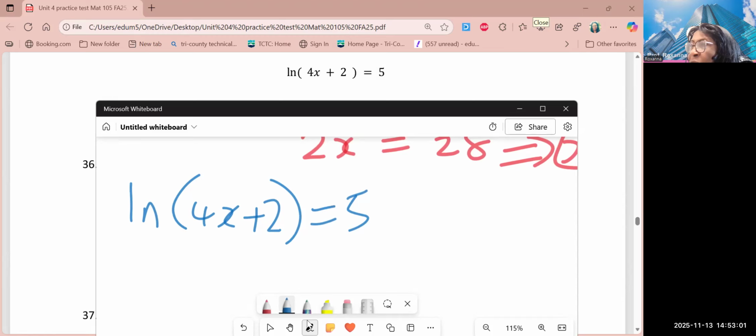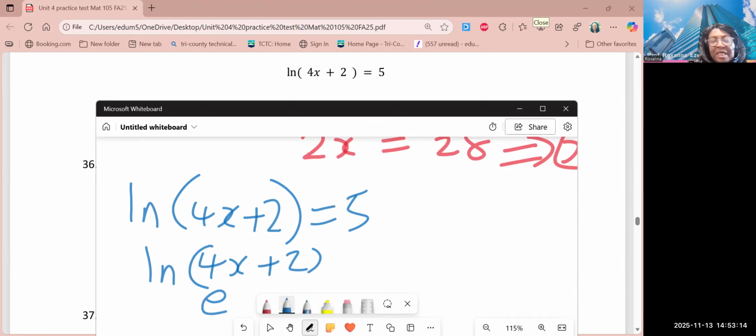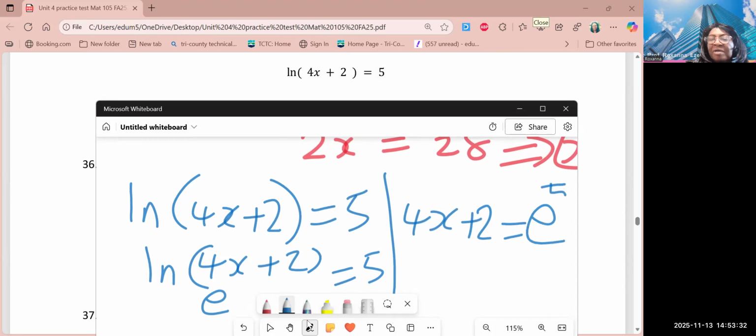So I want to change the base. I can write natural log of 4x plus 2, so you know this is base e, right? It's equal to 5. I am going to use the exponential property of logarithm. So 4x plus 2 is equal to e to the power 5. Do you agree?